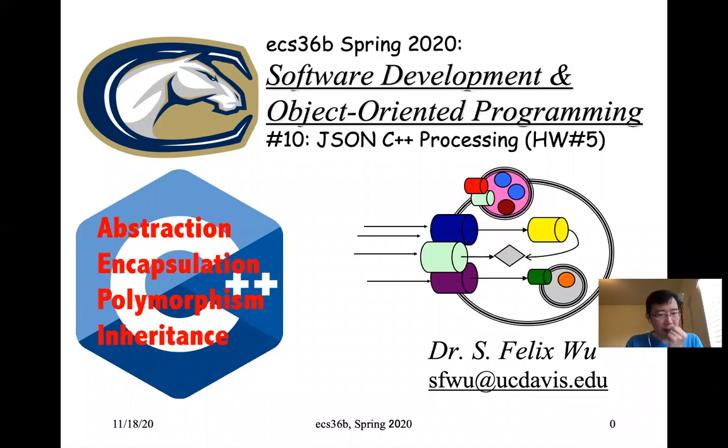The second thing I'd like to tell you is that the fall 2020 homework assignment number 5 is different from the spring 2020 homework assignment number 5. The concept part is the same, but in terms of the implementation approach, we enhanced the version we developed in spring 2020.